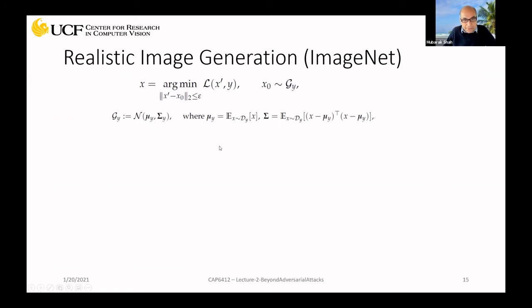So this is the mean, and this is the covariance. We can take a bunch of images in that class, find this mean and covariance, then sample a particular image from there, and use this method to find the image X prime so that its label is Y.